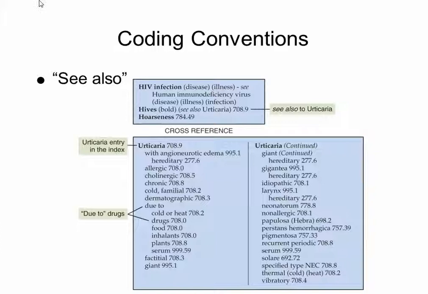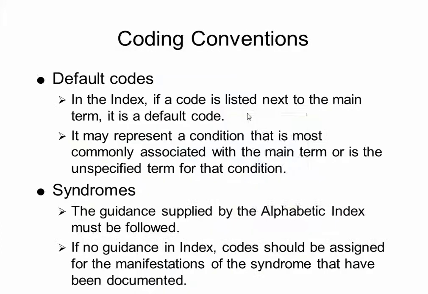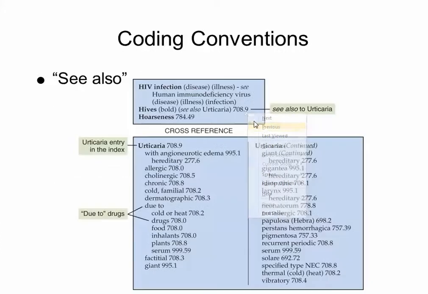However, your first clue should be that this is a fourth digit of 9, correct? Okay. What did we talk about with a fourth digit of 9? That they're usually not otherwise specified.